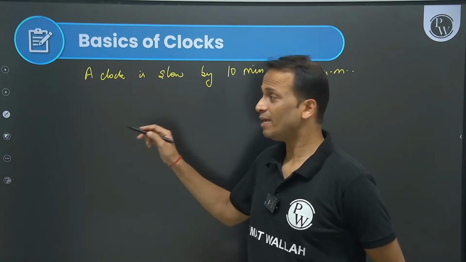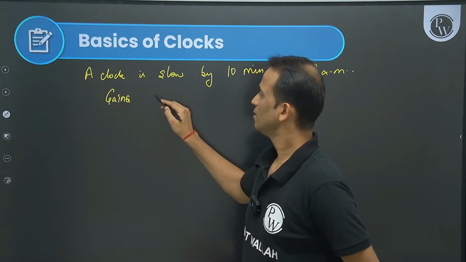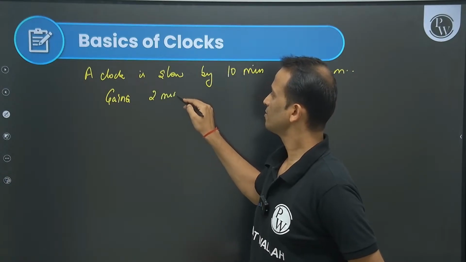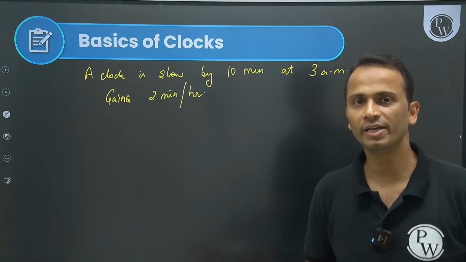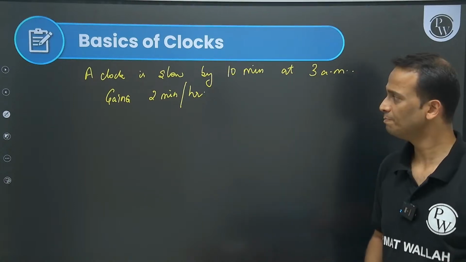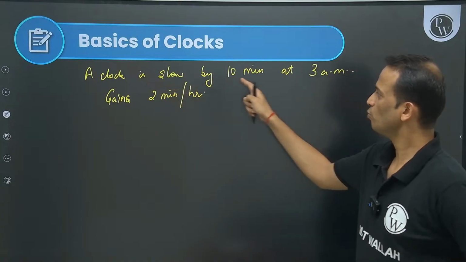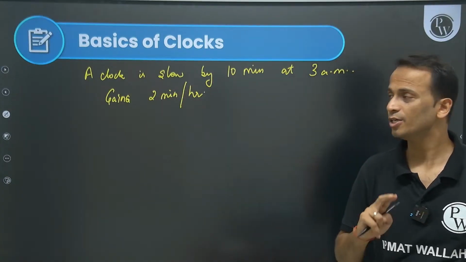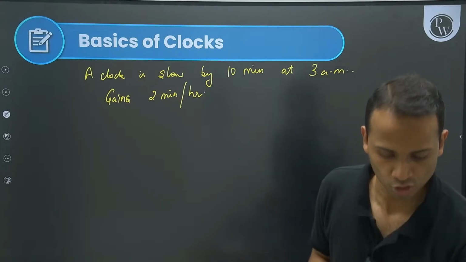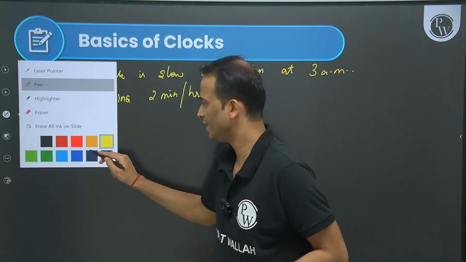And this same clock gains 2 minutes per hour. Okay, so the clock gains 2 minutes in every hour. Okay, so now I have combined these two effects. A clock which is slow by 10 minutes at 3 am, and this clock is also gaining 2 minutes in every hour. So let's understand what will happen in this clock at different times.